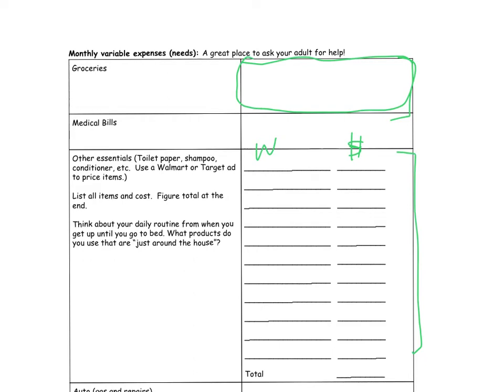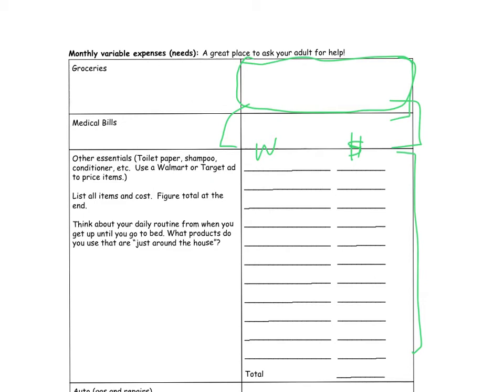If you're a single person, your monthly amount of groceries is going to be way less than if you are a parent with a family of 5. So again, what did you set up in part 1 as the living experience, and who's in your household? That will make a difference. That is the same with medical bills. I feel like medical bills would be the toughest to figure out.